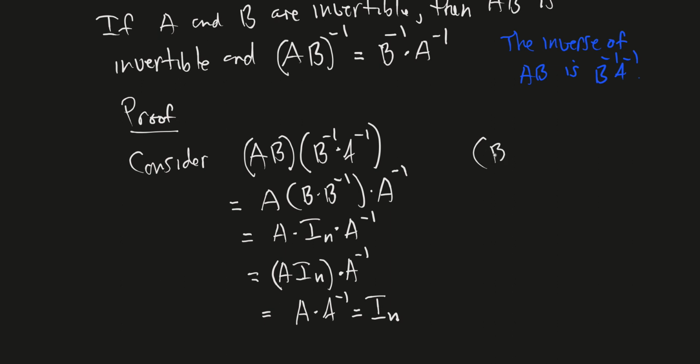So if we put B inverse times A inverse first and then times AB, again, group these, just like we did here. The only difference is that instead of having the B and the B inverse cancel out first, it's going to be A and A inverse. So I'm left with this. I'll have B inverse, and then I have A inverse times A, and then times B.